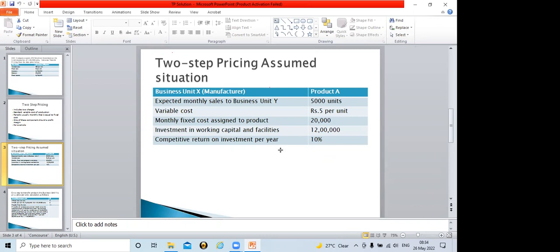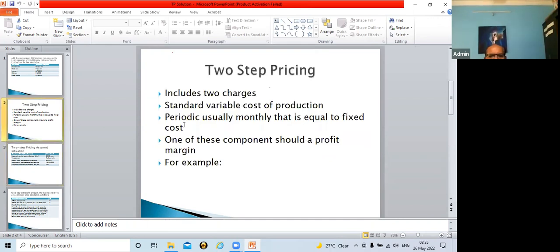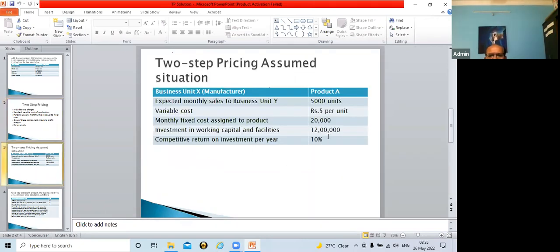Now, when I started the first slide, you might not have noted this, but now note it down. This we have to calculate on a monthly basis. Two-step pricing should be on a monthly basis. So 10% on 12 lakh rupees is 1,20,000 for a year.